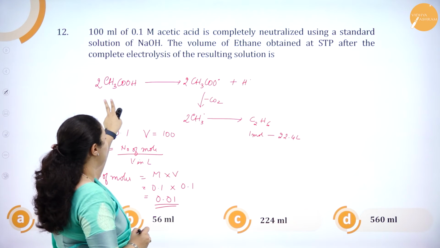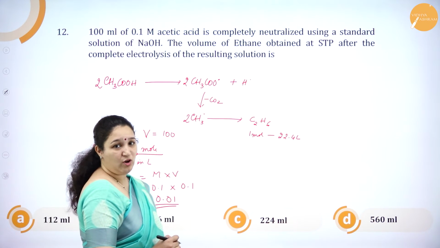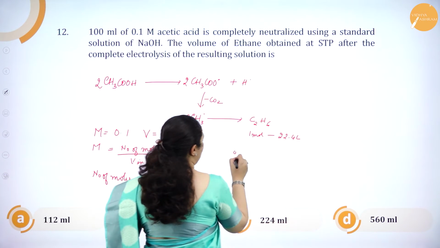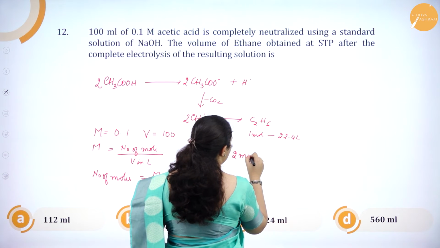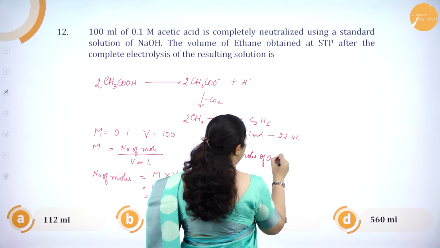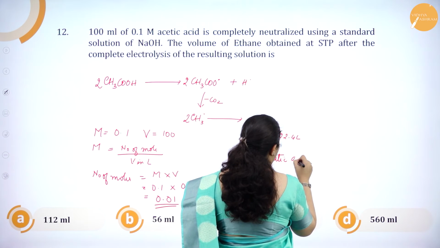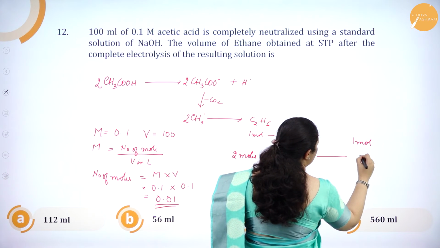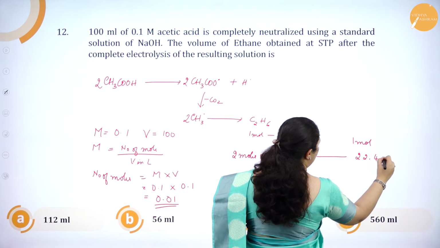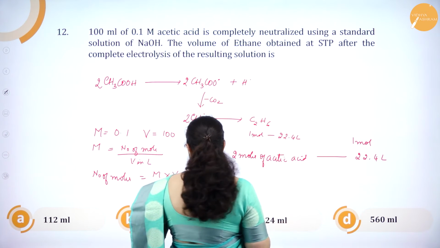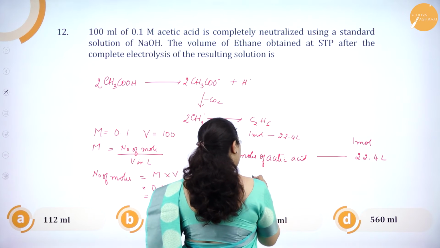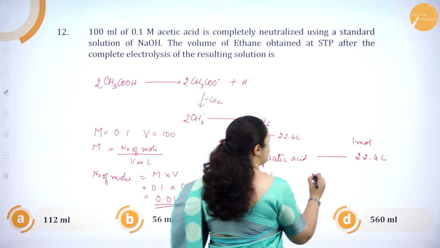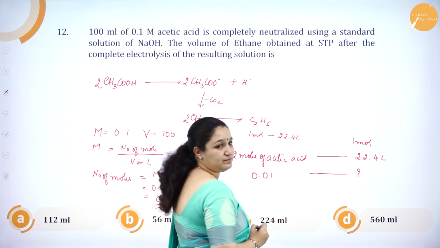If 2 moles of acetic acid can give 1 mole of ethane, which is nothing but 22.4 liters of ethane, then how many moles do I have? I have only 0.01 moles. Then how much will it give?